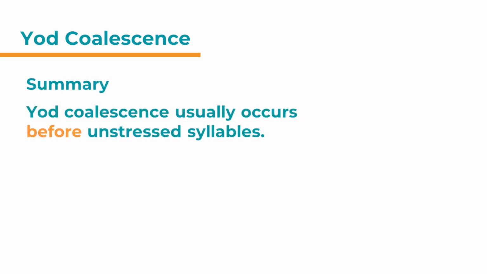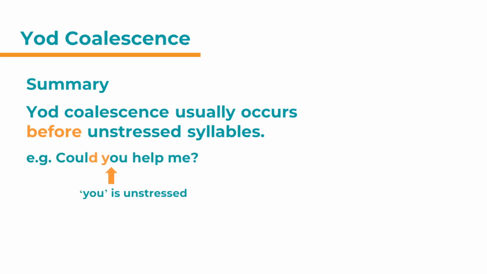So let's summarize Yod Coalescence. Yod Coalescence usually occurs before unstressed syllables. Here's an example again. Could you help me? The U is unstressed and forms the next unstressed syllable. So when we have could you help me, the J is part of could.